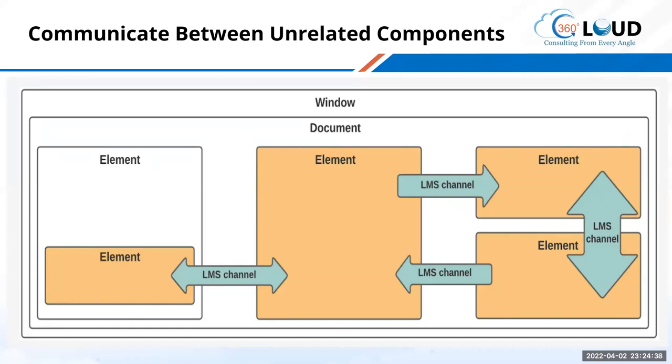If one component is placed in some other place, and here is the component with two elements, one parent and one child, and from the child you want to send some data to another unrelated component, then you can use the Lightning Messaging Service, LMS, through an LMS channel.